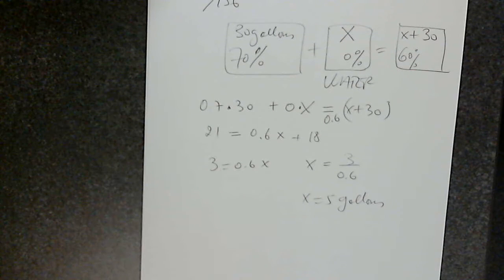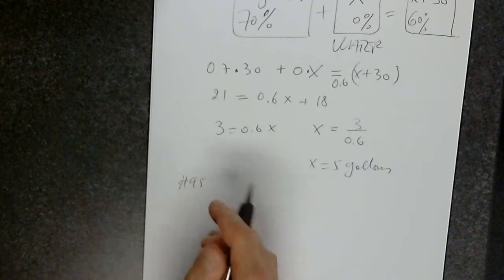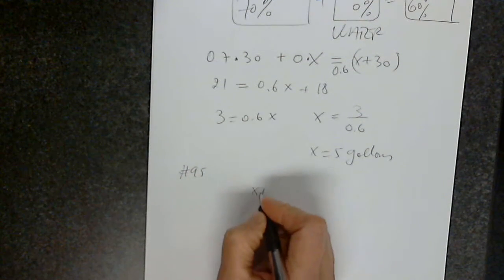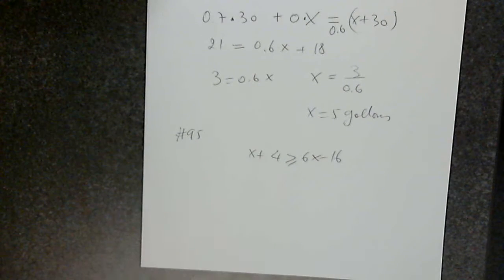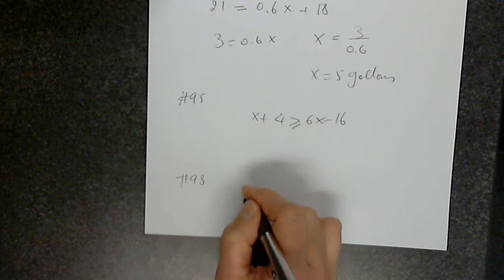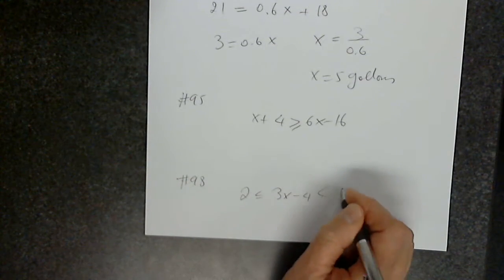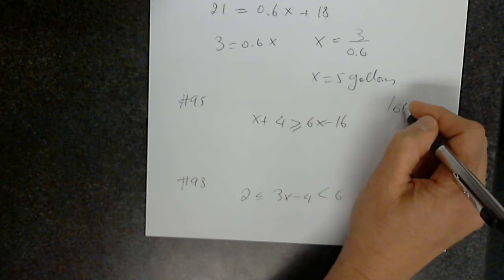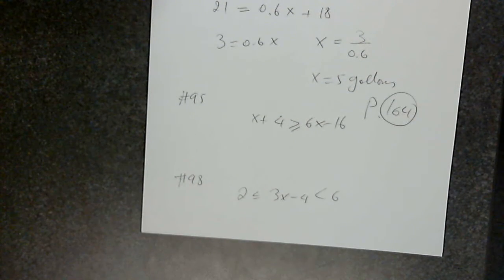Good. Very good. Let's look at the inequalities. So for example, 95. Same page. Yes. x plus 4 greater than or equal to 6x minus 16. And then 98. What page? Not on 130. 2 less than or equal to 3x minus 4 less than 6. We are on page 164, at the review of chapter 2.